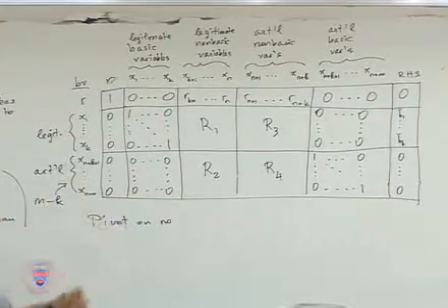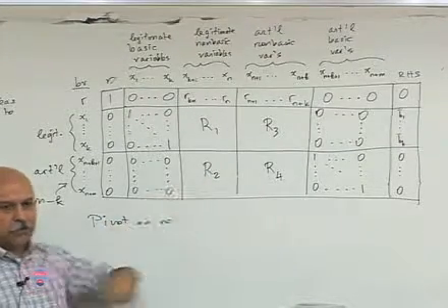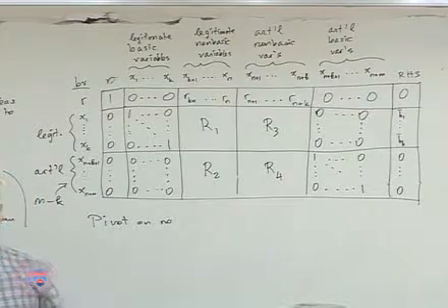Then you will obtain the same situation with a smaller number of artificial basic variables. Now you apply the same reasoning. You find a non-zero number in R2. You do one more pivoting. You just keep doing this.